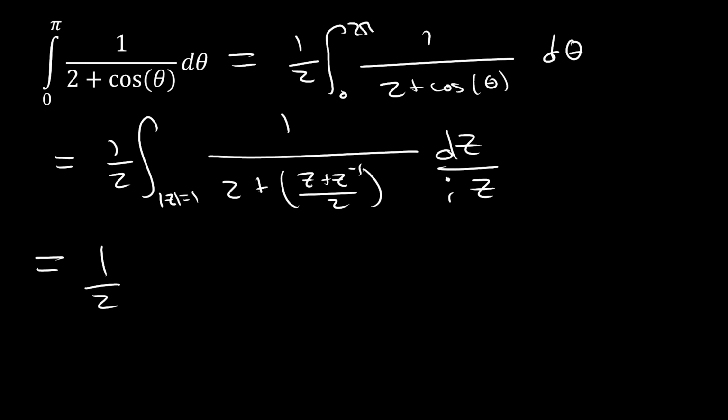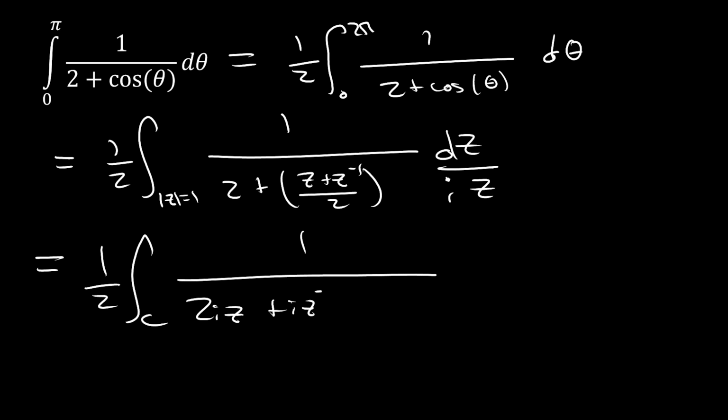So you're going to get a 1/2 integral over a closed contour, 1 divided by 2iz plus iz squared per 2 plus i per 2 dz. And then we'll move over to the next whiteboard.